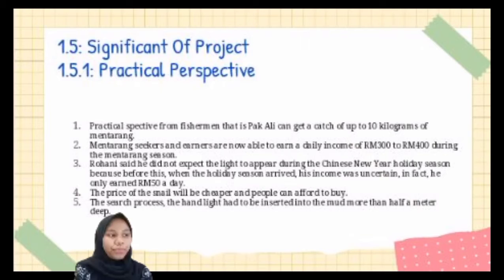Other than that, the price of the snail will be cheap and people can afford to buy. And last but not least, in the search process, the hand light had to be inserted into the mud more than half a meter deep.